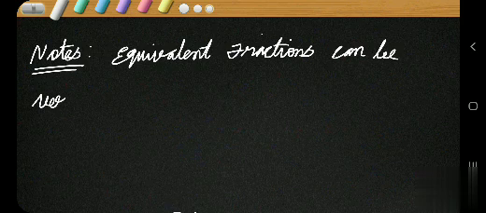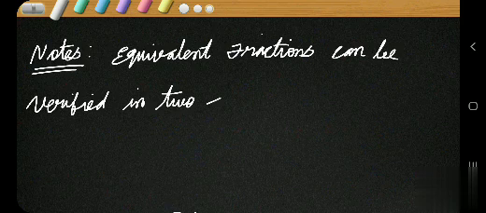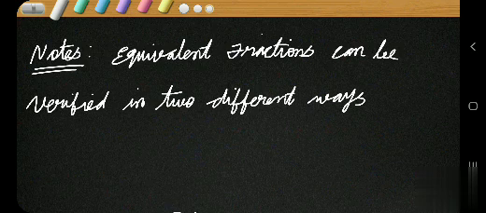Equivalent fractions can be verified in two different ways. What is meant by this? On seeing certain fractions, we can check whether they are equivalent or not. This can be done in two different ways.